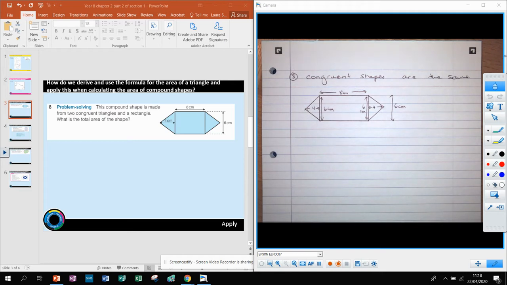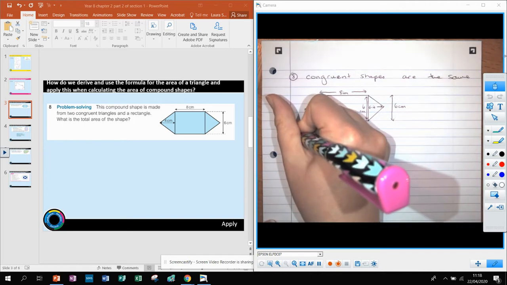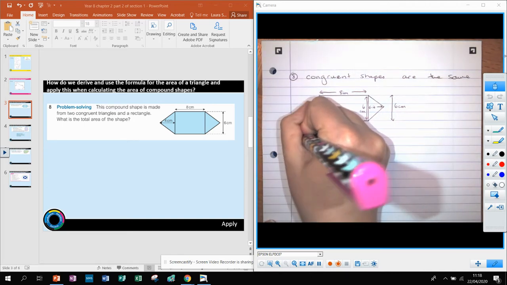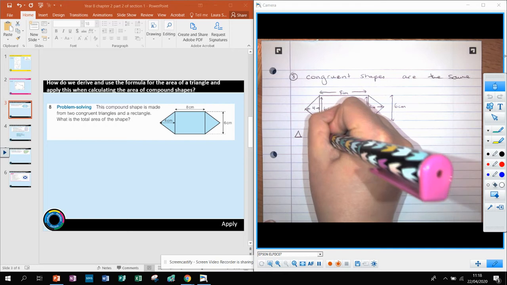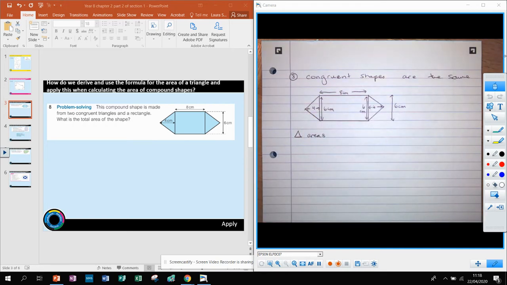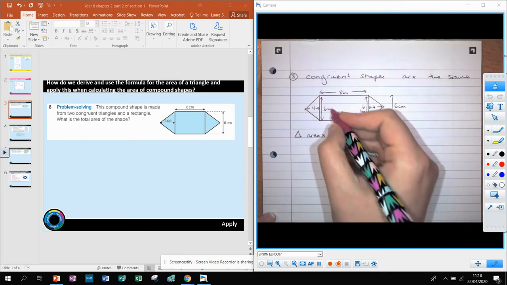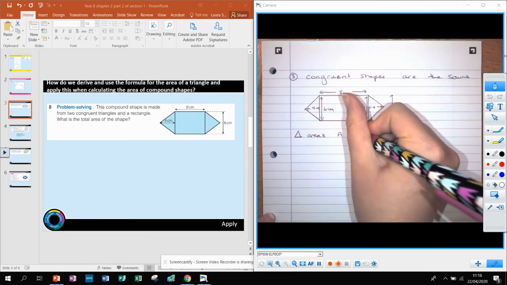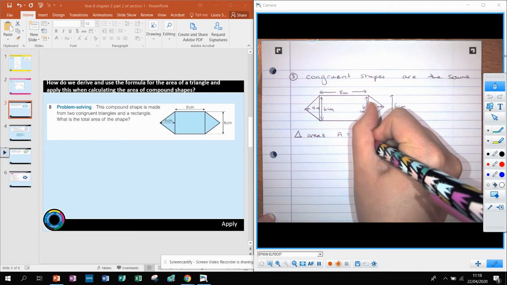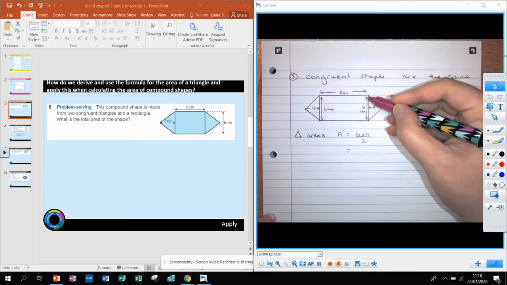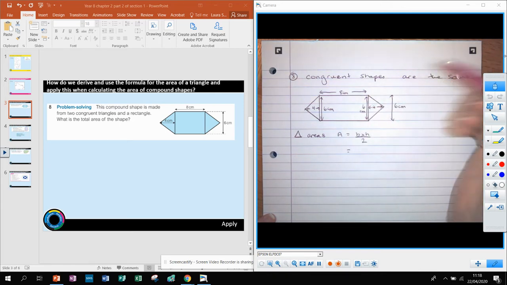Now, let's work out the total area of the shape. Okay, so we're going to start with the triangle. Okay, remembering that there's two of them, but we're only going to look at one first. Okay, so let's have a think. We have area is equal to base times height divided by 2. I know for my triangle that the base is 6 and the height is 4.